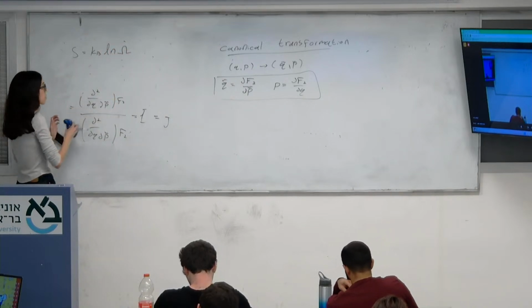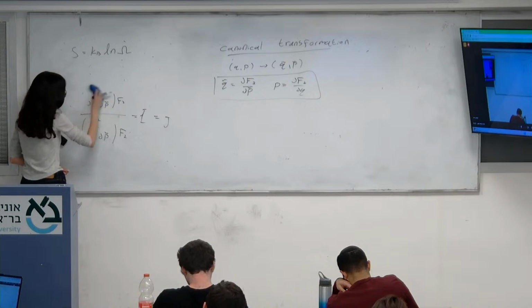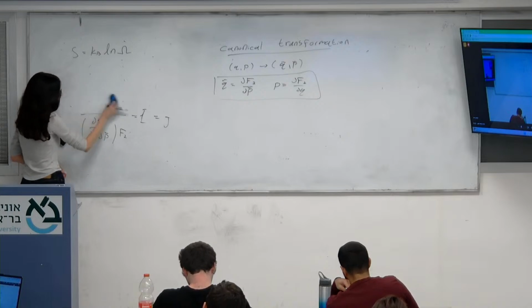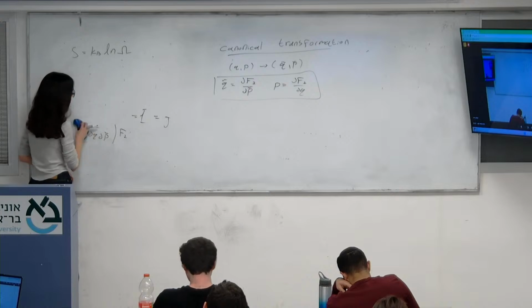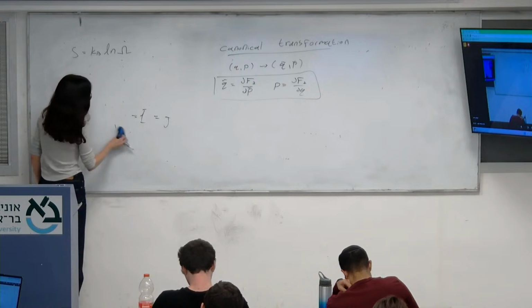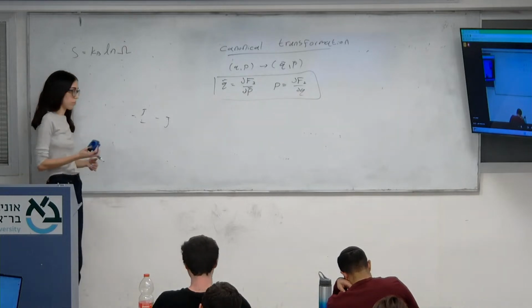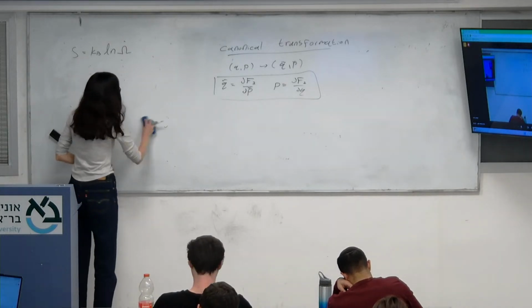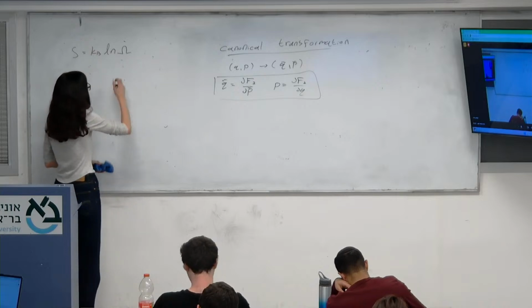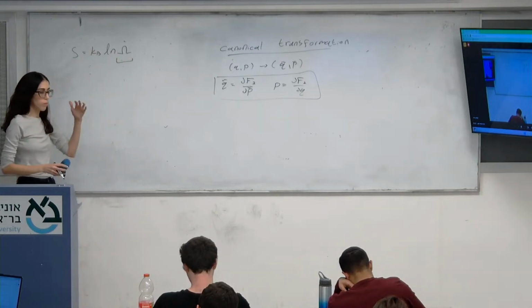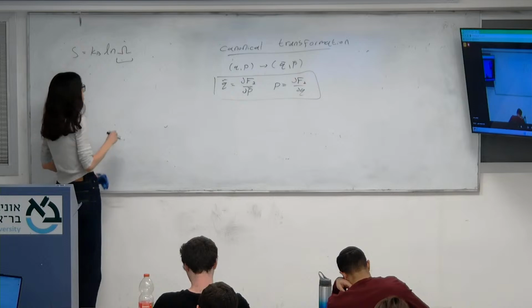This famous equation, if you work in the microcanonical ensemble, gives you the entropy of the system, where omega is the number of states for a specific energy. So this I think you already know from the previous StatMech courses.